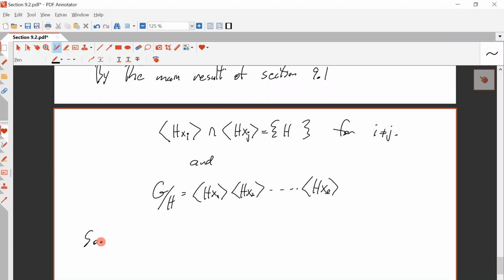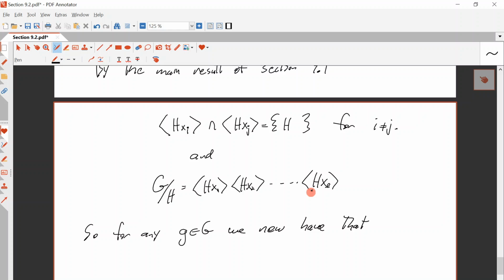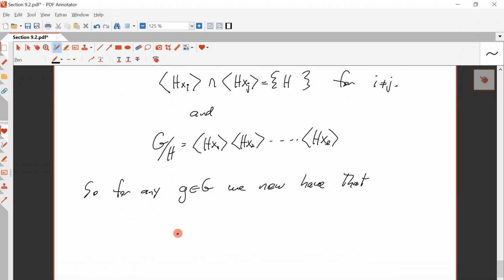Okay, so for any g in G, we now have that the coset Hg is equal to a product of some elements from these cyclic subgroups. So it's HX1 to the E1, HX2 to the E2, through HXL to the EL.